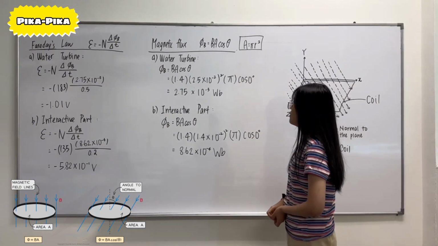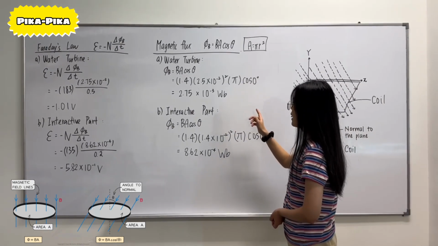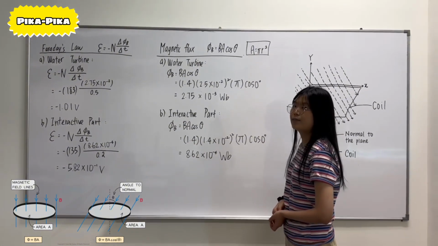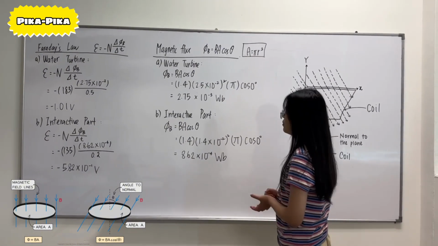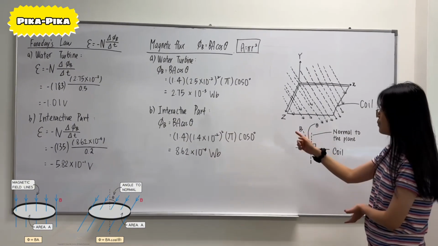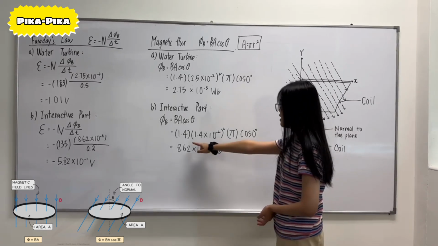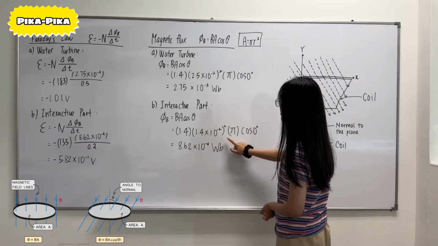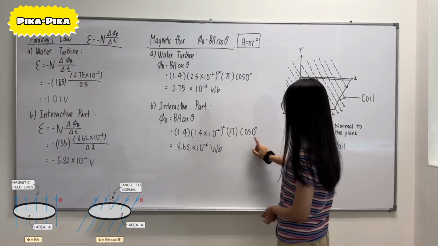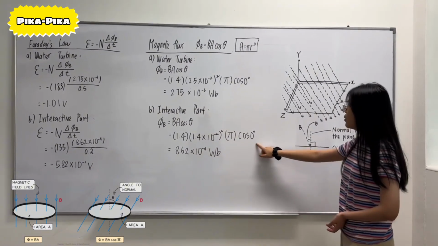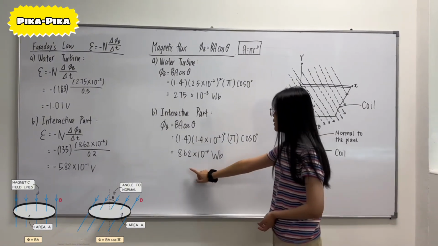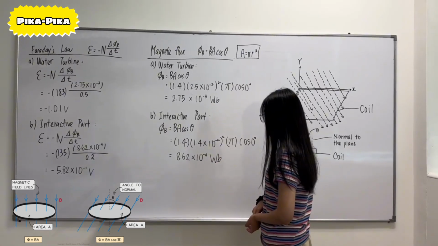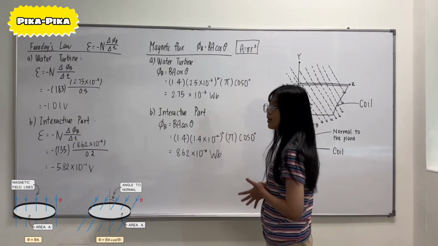So we get the value of 2.75 times 10 to the negative 3 Weber. For the interactive part, we also use the same value of the magnetic field, and this is the cross-sectional area of the copper wire, and also the angle will be 0. Then we get the value of 8.62 times 10 to the power of negative 4 Weber.